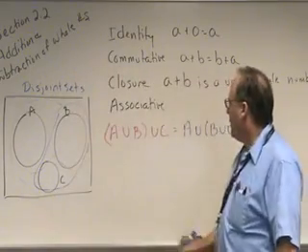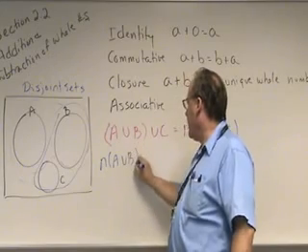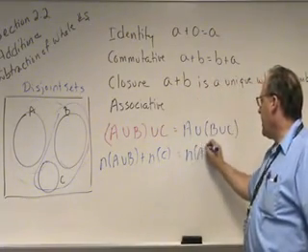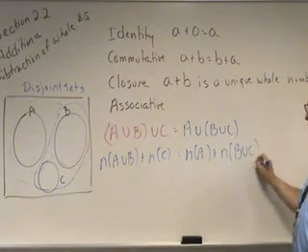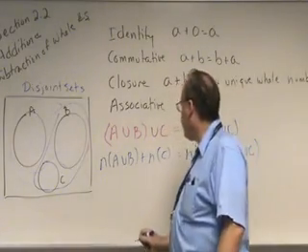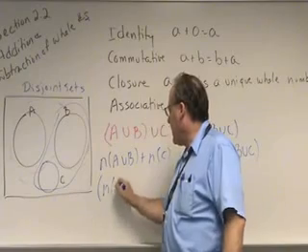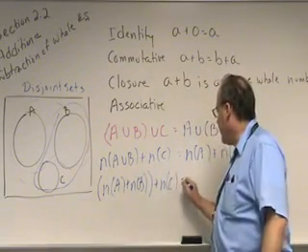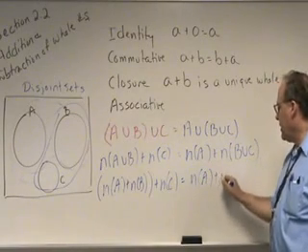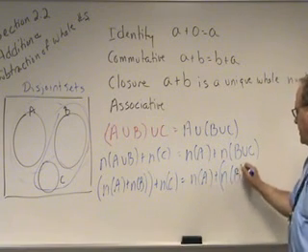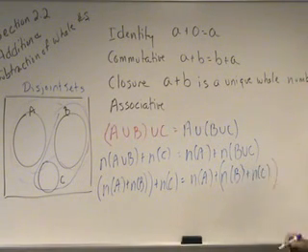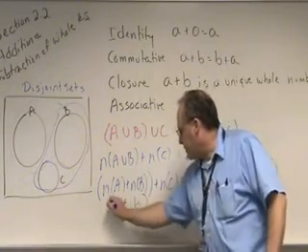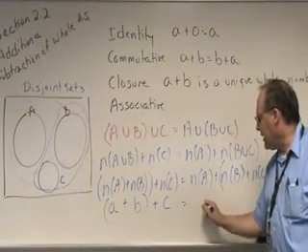So we are able to say the number in A union B plus the number in C, set C, is equal to the number in A plus the number in B union C. And so then this is the number in A plus the number in B plus the number in C is the number in A plus the number in B plus the number in C. Or as we know, if we say little a is the number in A and little b is the number in B, little c is the number in C, we get this result.